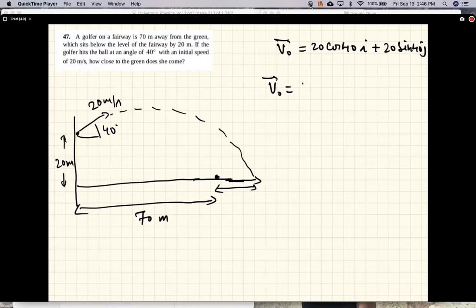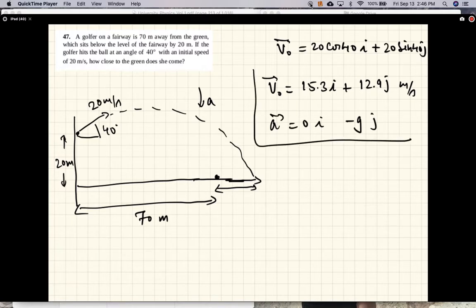So that's 15.3 i plus 12.9 j meters per second. And of course the acceleration is 0 i minus g j. So there we have our initial velocity and acceleration.